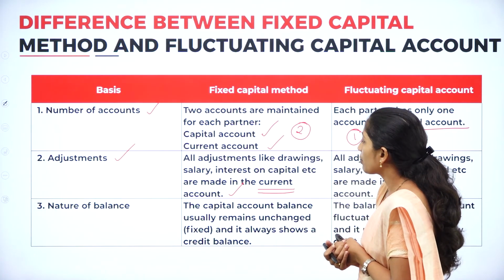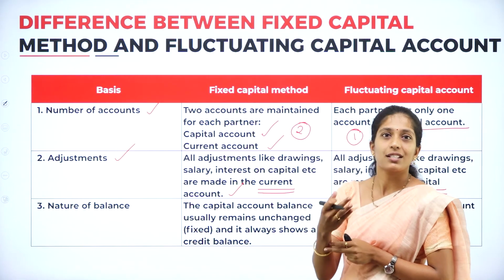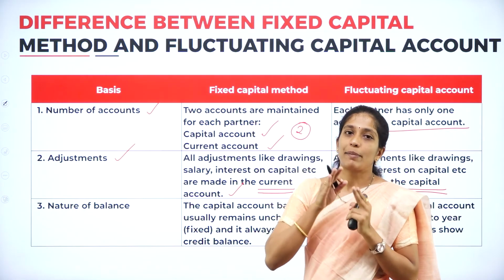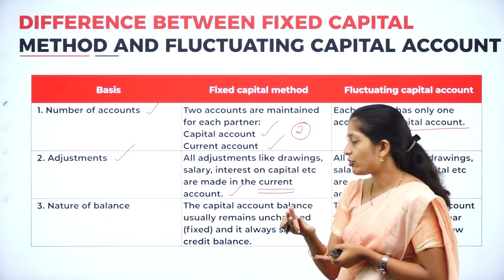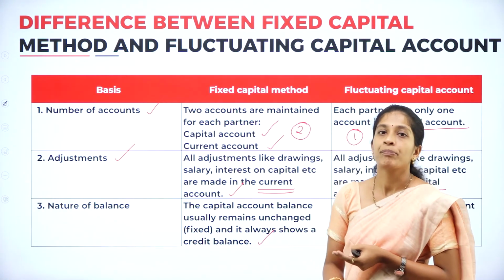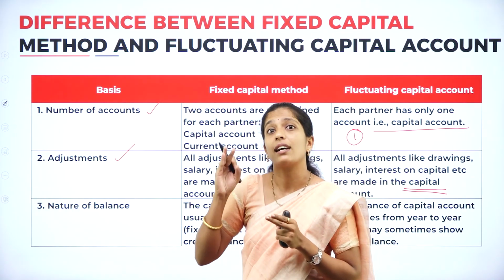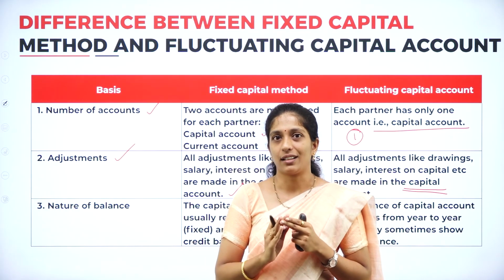The capital account balance usually remains unchanged. So this we know because it is a fixed capital method, so it remains fixed. In the sense it is unchanged and it always shows a credit balance. So in the sense credit side is more in partners capital account under fixed capital method, right?